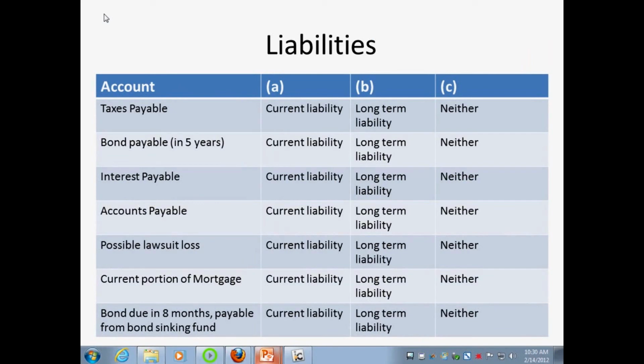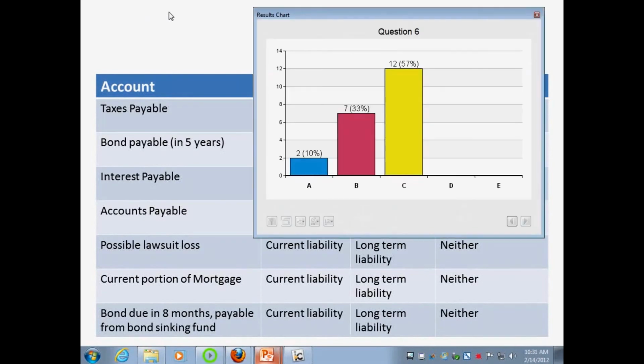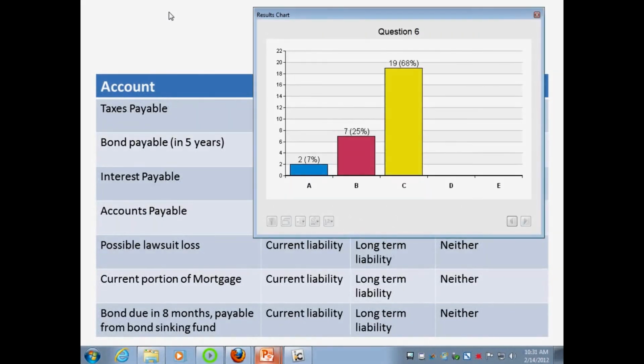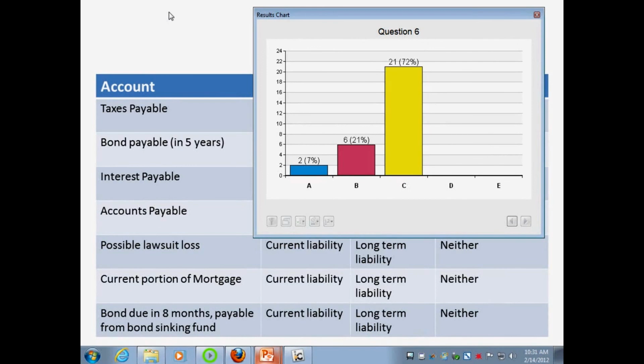All right, how about a possible lawsuit? All right, so now we have a little bit of debate. A possible lawsuit loss. You haven't been judged that you actually owe the obligation yet, and it's only possible.